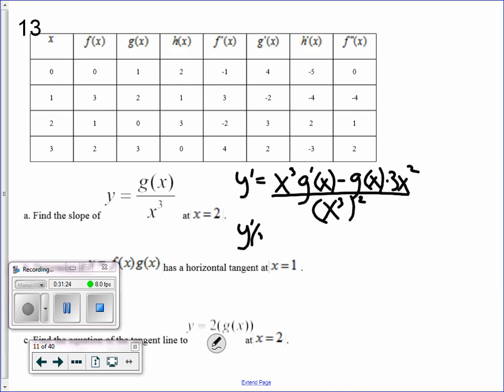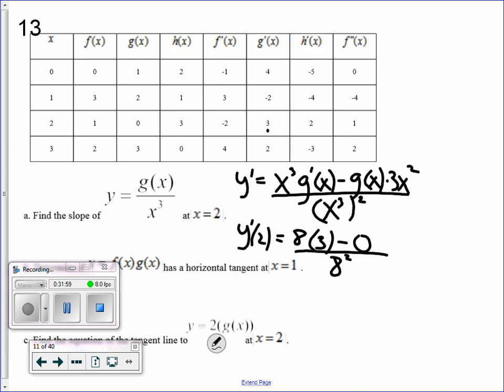So to get y prime of 2, it's going to be 2 cubed, which is 8, times g prime of 2. G prime of 2 is right here, times 3, minus g of 2, which is 0. So I don't even care about the times 3 times 4, 12, because 0 times anything is 0, all over 2 cubed, which is 8, squared.